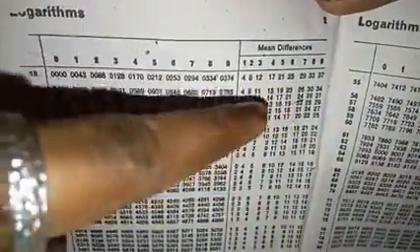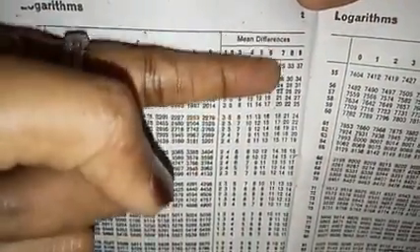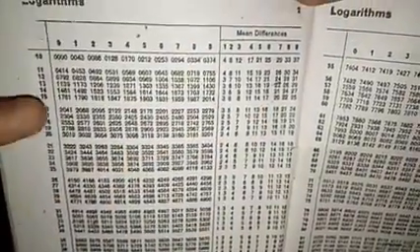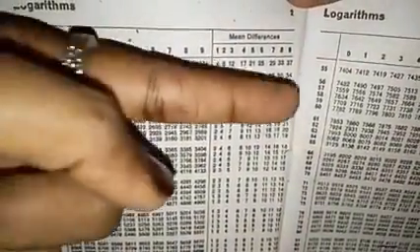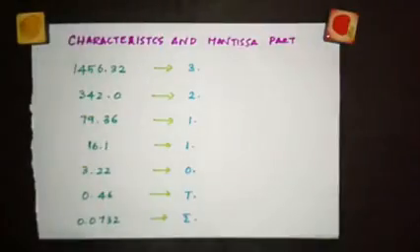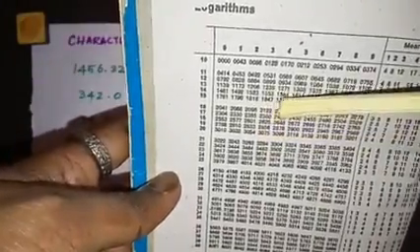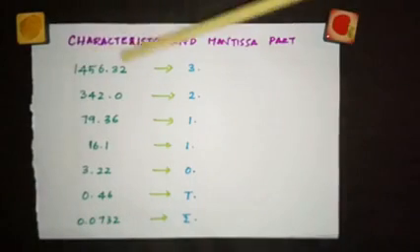See, this is mean difference. So in mean difference, the 6th value, where it meets with 14, you have 18 here. So what you're supposed to do, you have to add this mean difference 18 with this 1614 value. This 1614 plus 18 will give you the log value.